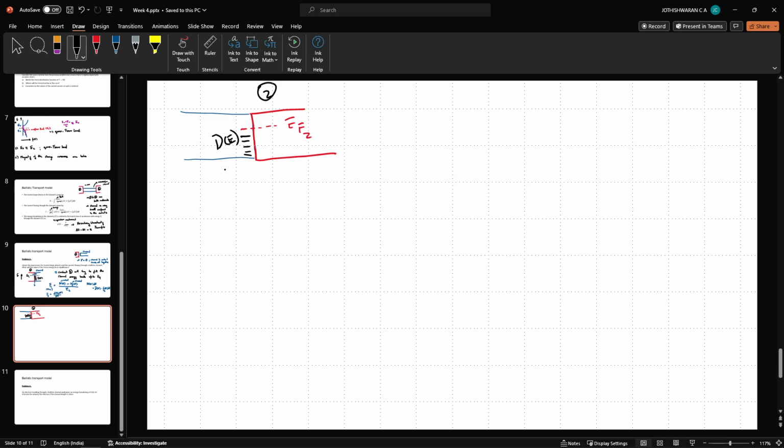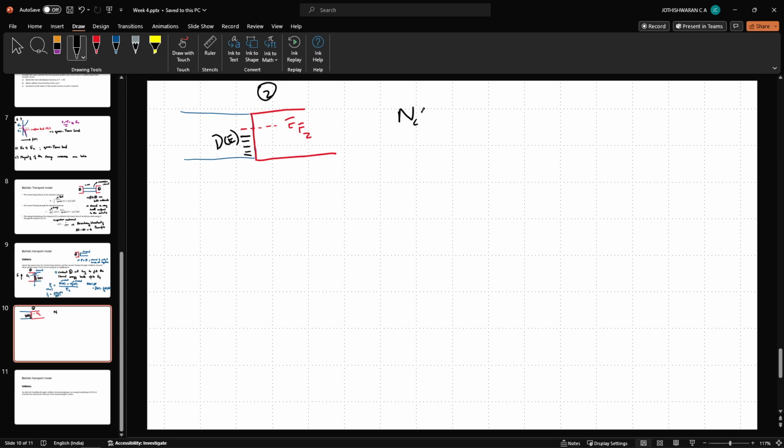Now by convention, we will assume that contact 2 has a lower Fermi level. Therefore, contact 1 will supply electrons to the channel and contact 2 will remove electrons from the channel, just for the sake of convention. It can be the other way around. Both the Fermi levels can be the same. Anything is possible, but for now, just for the sake of understanding, we will write it like that.